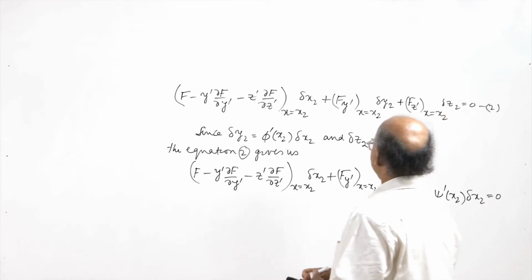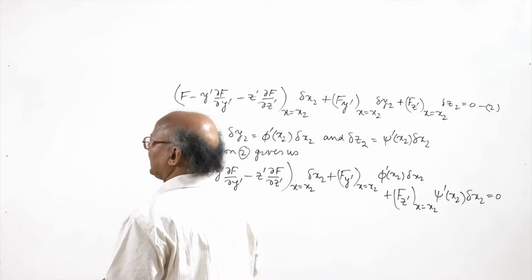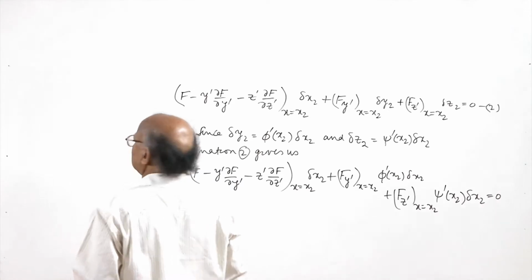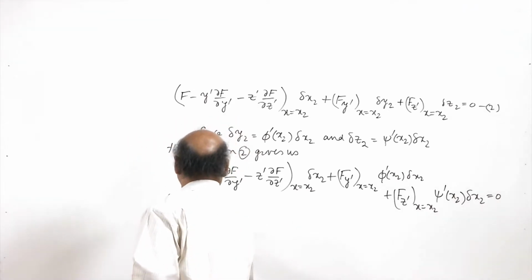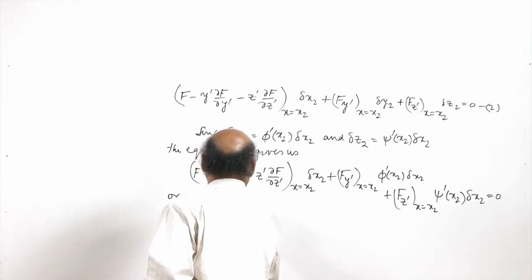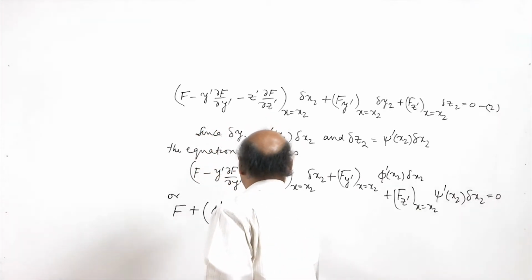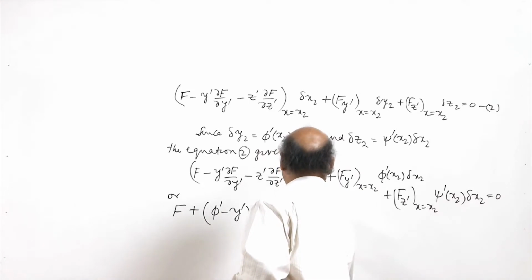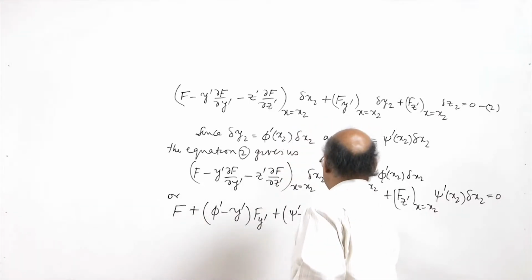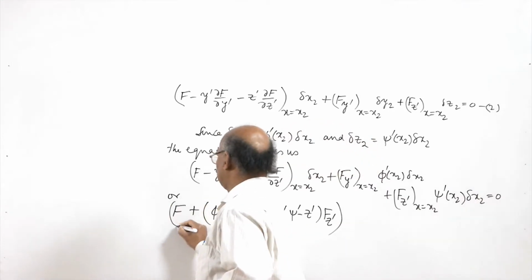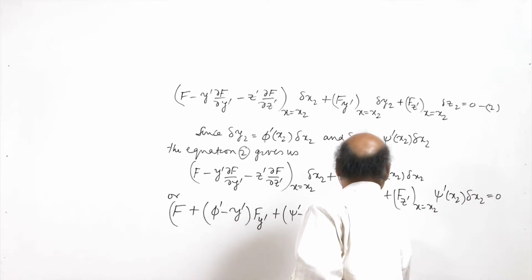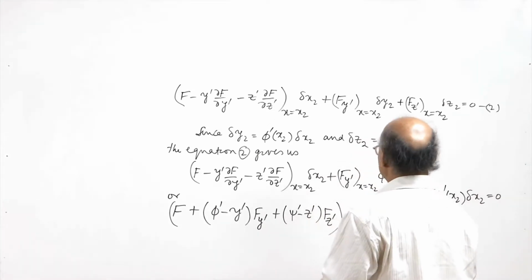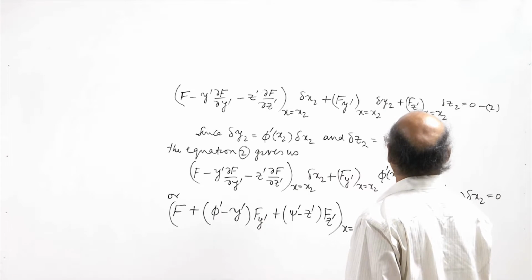So we can write it as [F + (φ' − y')F_y' + (ψ' − z')F_z'] at x = x2 times δx2 equal to 0, because we can collect the coefficients of δx2.